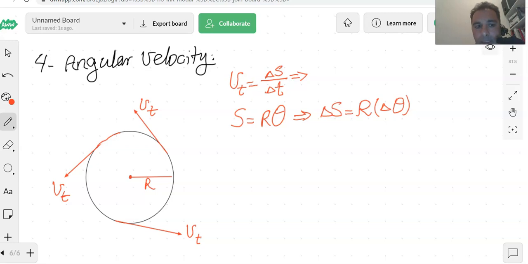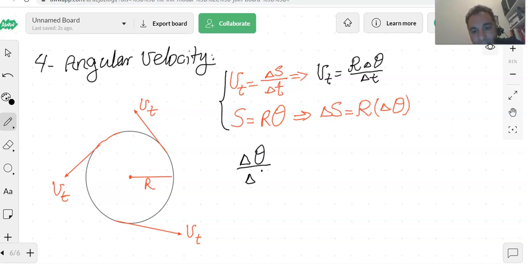Therefore, instead of delta S, I can put R delta theta divided by delta t. All right? What is delta theta divided by delta t? Pay attention. I want to see what is this guy?